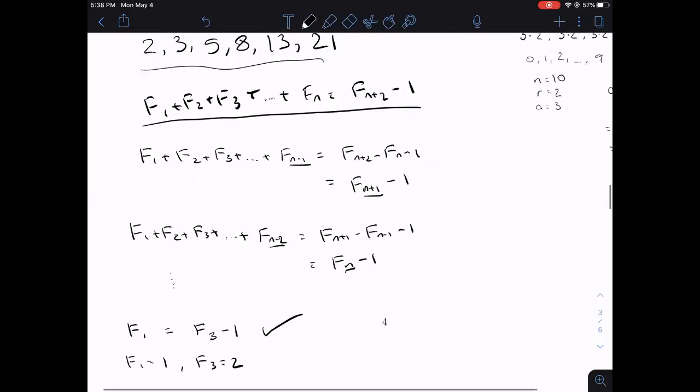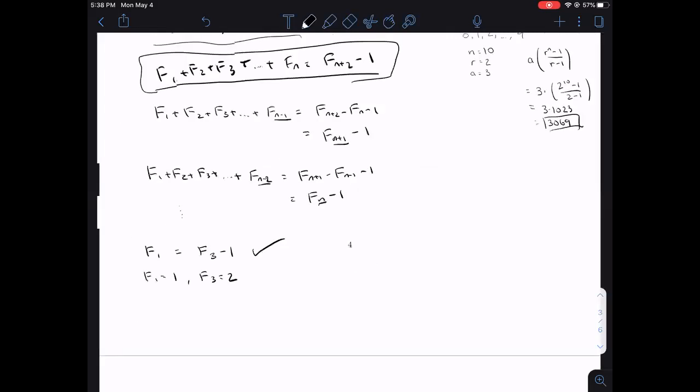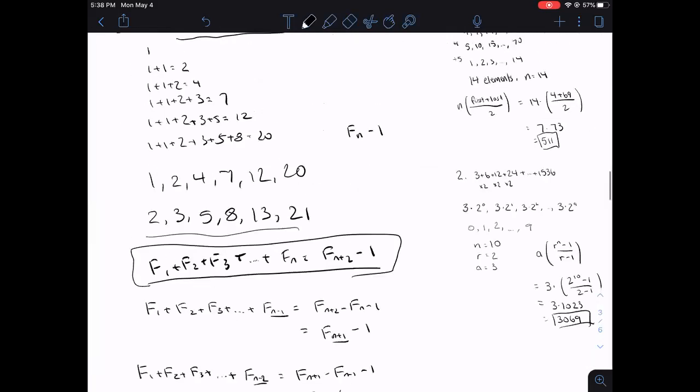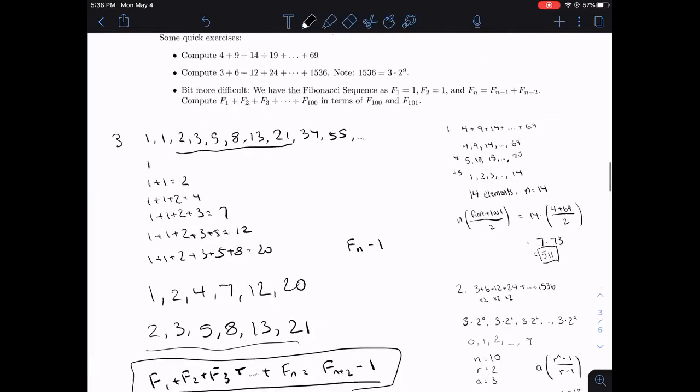So now we look at this formula, or this equation that we got here. And let's look at the problem. We want to compute F1 plus F2 plus F3, all the way to F100 in terms of F100 and F101.